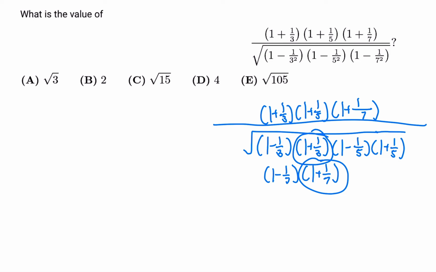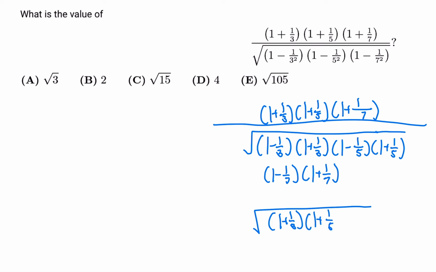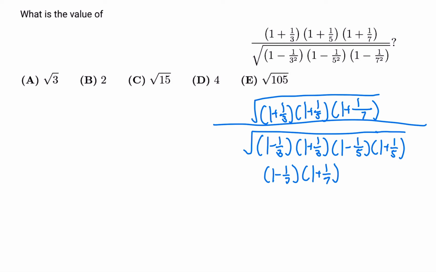So we can divide the numerator and denominator by the product of those terms. So we can divide them by this. If we divide them by that, then we can just take them out of the denominator, and then we just square root the numerator. So it's just this now.